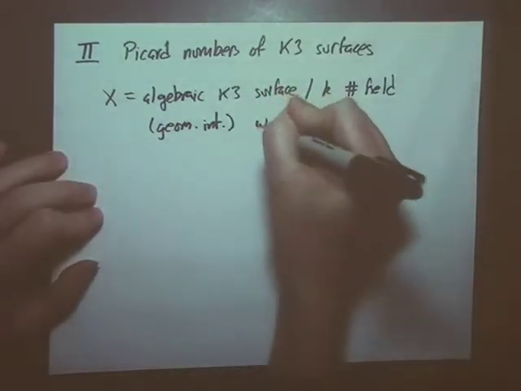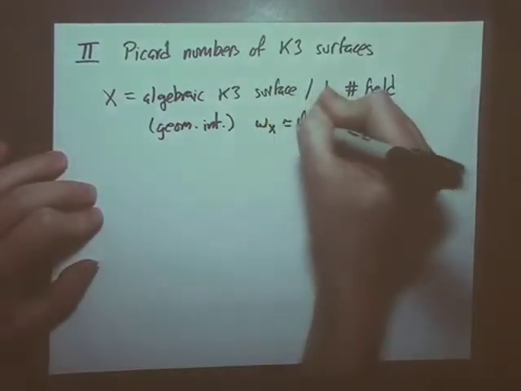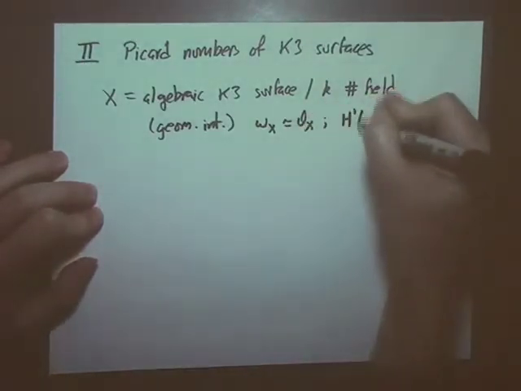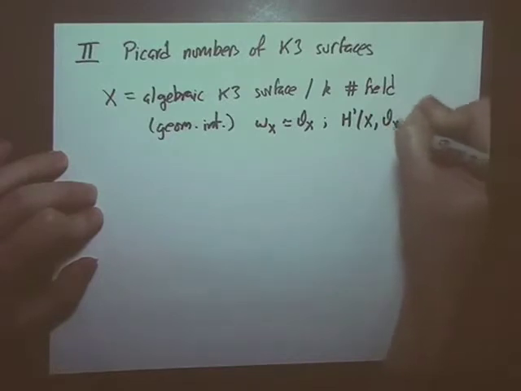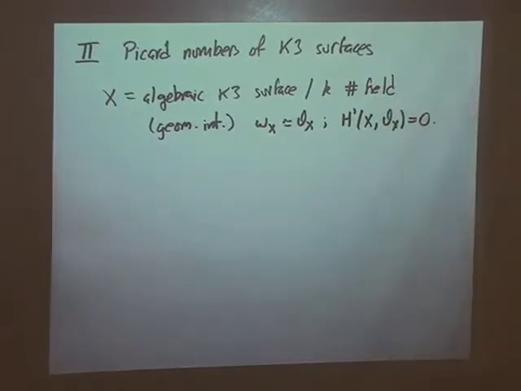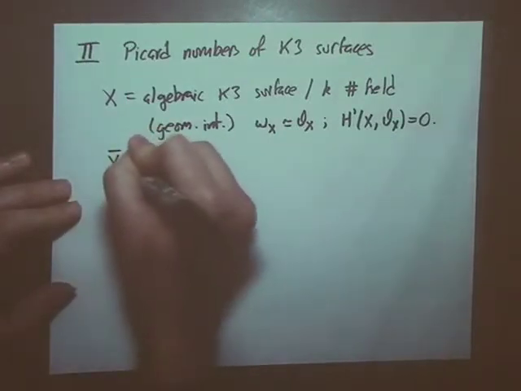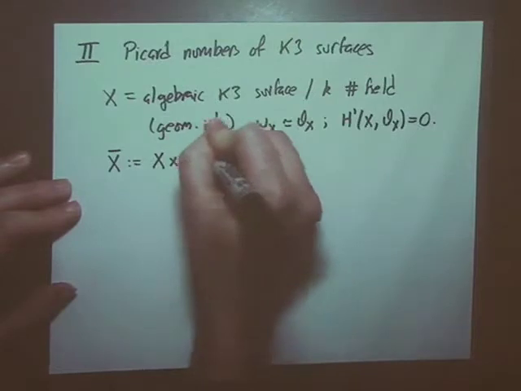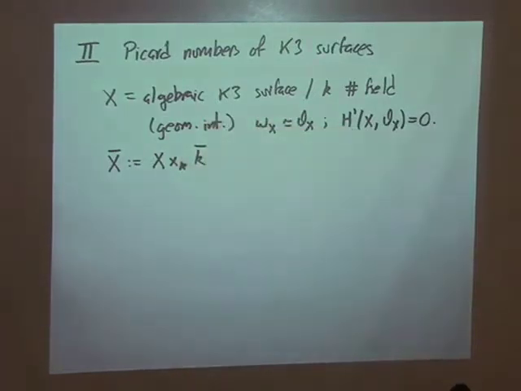And so my K3 surfaces satisfied two conditions. They had trivial canonical class, and the H1 of O_X was 0. So these were the surfaces we started looking at. And by X bar, I mean the base extension of X to some separable closure of K.